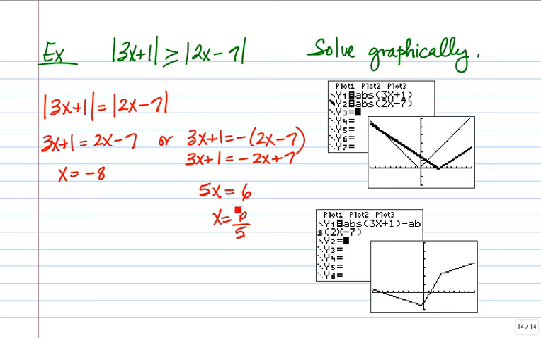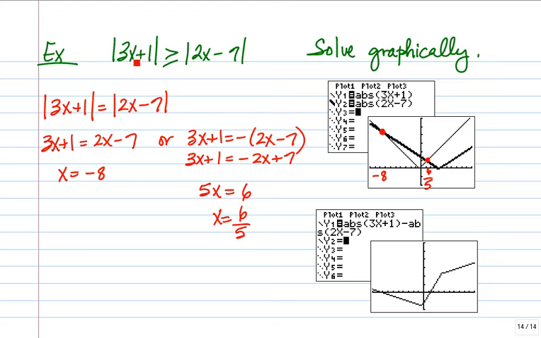Now, what do those points tell us? If we input the absolute value of 3x plus 1 into y1 and the absolute value of 2x minus 7 into y2, and I've darkened the second one, where those intersect are those x values that I just found, right at negative 8 and at 6/5. And then I'm trying to find where the lighter one, or the normal graph, is greater than that bold graph.